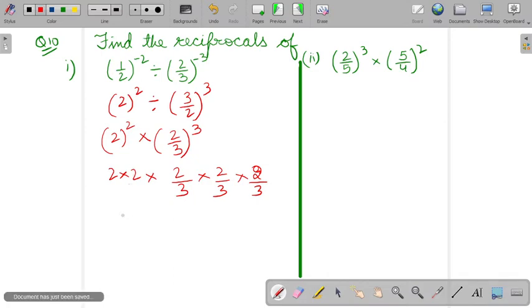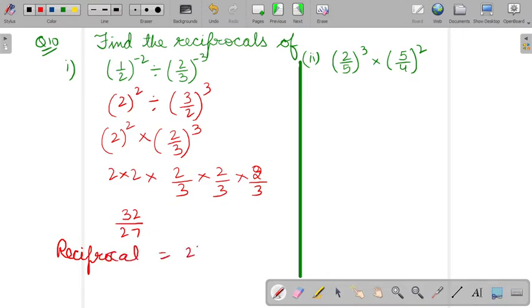So 32 upon 27. But the question is, we have to find out the reciprocal. So what should be the reciprocal here? Reciprocal will be 27 by 32.